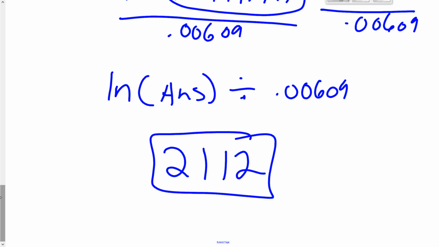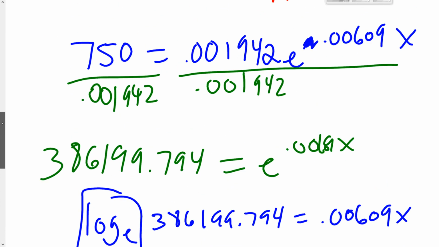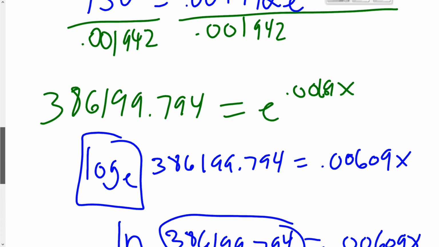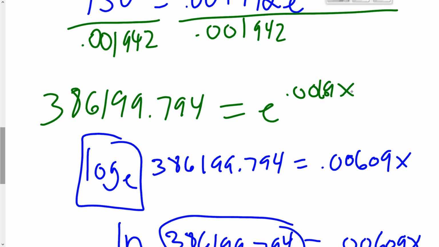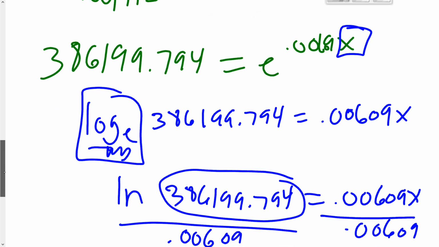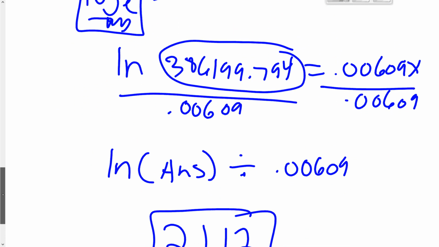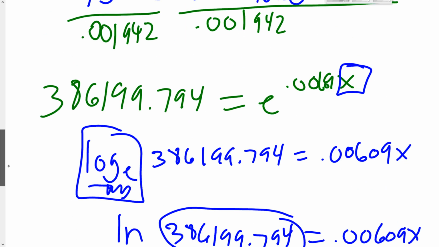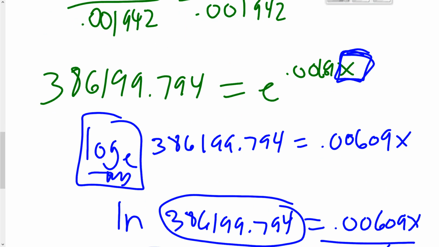Another way you could do it is start estimating. From right here, you can start plugging in x's, plugging in years, and guess, especially if you didn't know that log with base e is the ln button. You could start throwing in years and see what you get.